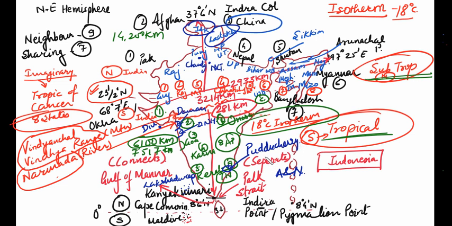Of which the Puducherry is spread in 3 states. In Andhra Pradesh it has Yanam. Puducherry is at the border of Andhra Pradesh and Tamil Nadu. So secondly Puducherry. Third one is the Mahe in Kerala. And fourth one is Karaikal in Tamil Nadu.